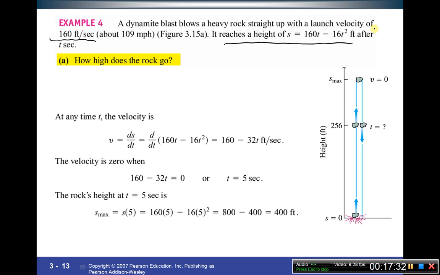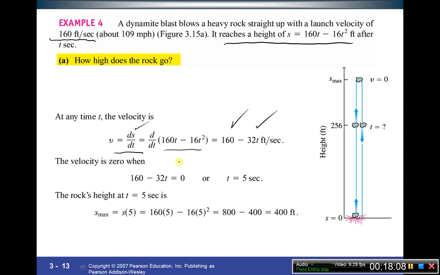Well, there are several ways to do that, but you can calculate the velocity of the rock, which is ds/dt, which would be d/dt of 160t minus 16t squared, and taking that derivative, you get 160 minus 32t feet per second. And the rock will continue to climb until its velocity is 0.